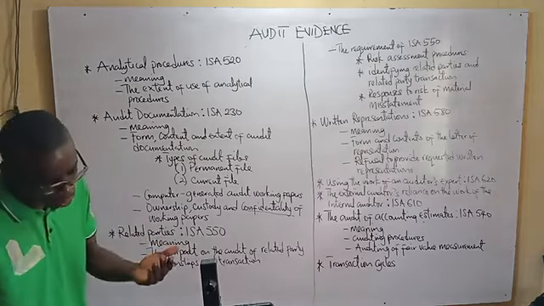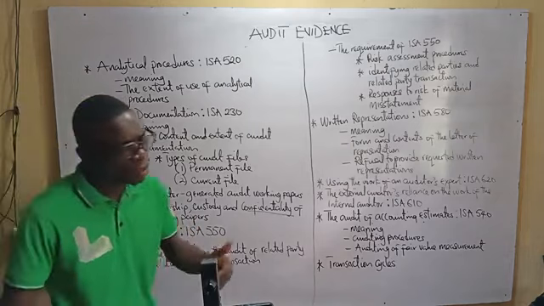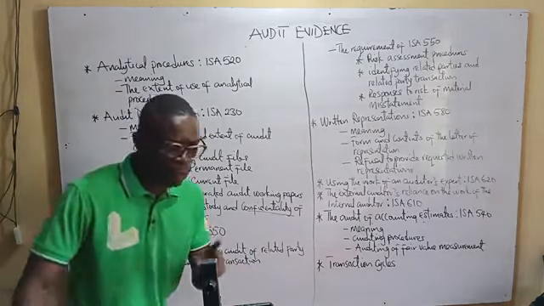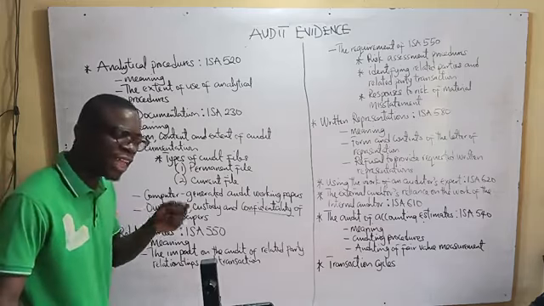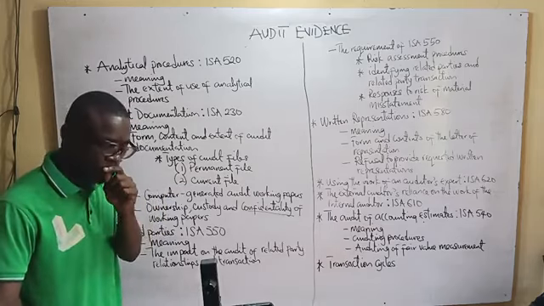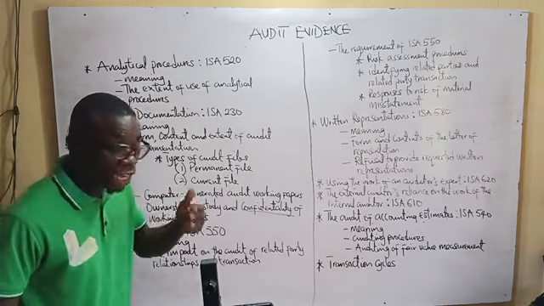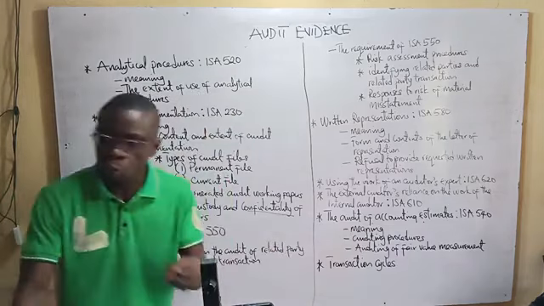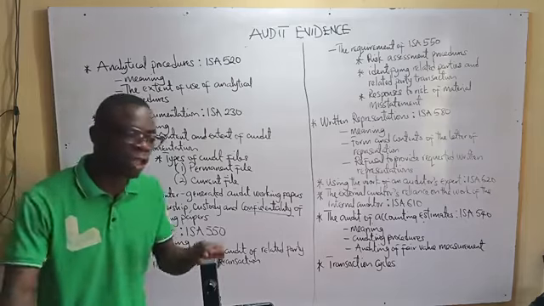Are we communicating now? That means there will likely be misstatement, because audit is the examination of financial statements by an independent person to show whether the financial statements give a true and fair view.